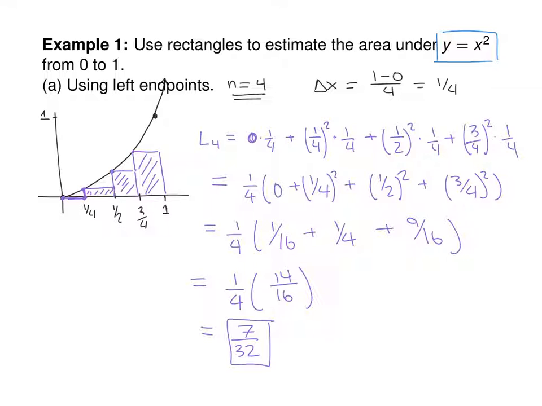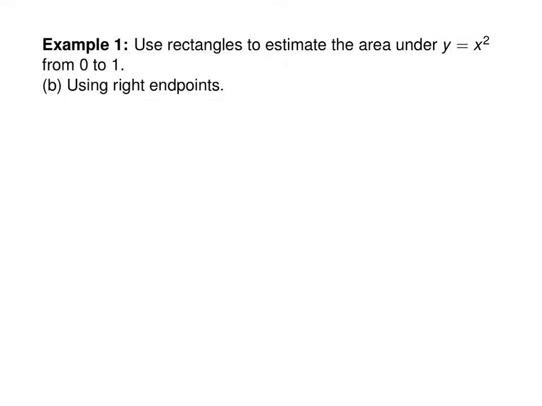Okay, so let's do the same thing but with right endpoints. Same idea, same picture, 0 to 1. The width of my intervals does not change, but the number that you plug in does.